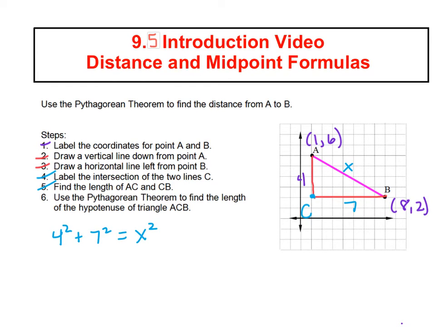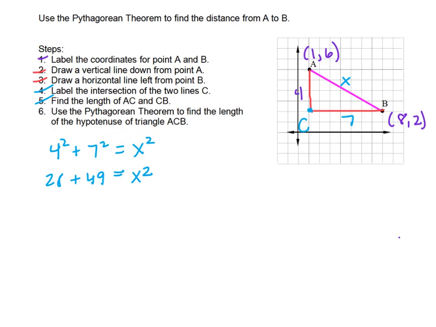Remember the c squared in Pythagorean theorem has to be your hypotenuse. Alright, 4 squared is 28 plus 49 equals x squared. And then we can go ahead and add 28 plus 49. Where did I get 28 from? Did you guys catch that mistake?